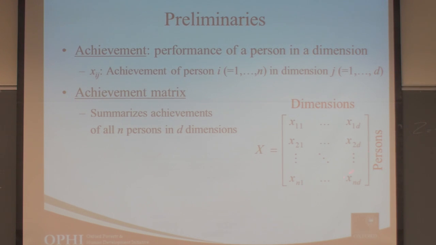So this matrix summarizes the achievements of all n persons in d dimensions. x11 is the achievement of person 1 in dimension 1. Similarly, x2d is the achievement of person 2 in dimension d, and so on.